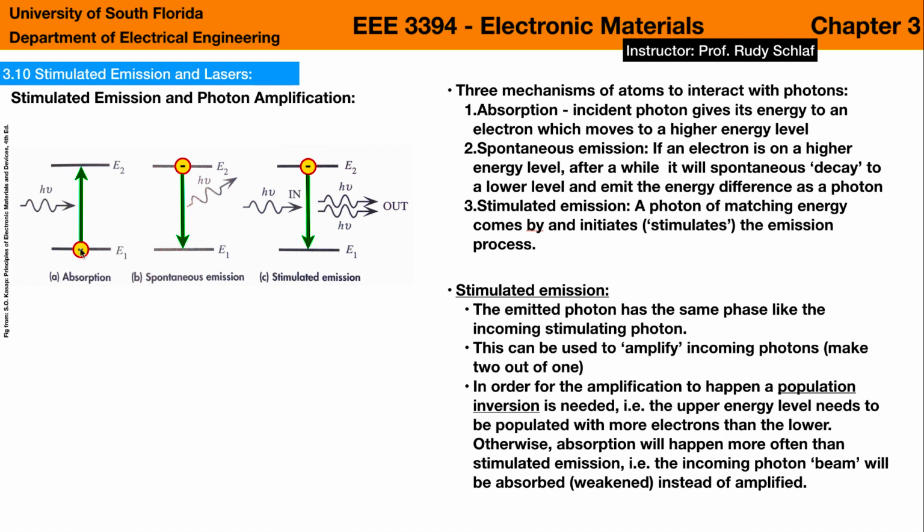The photon comes in, the electron absorbs the energy and goes on a higher energy level. This can only happen if that incoming photon has exactly an energy h times nu that matches the difference between E2 and E1. Otherwise it would not be absorbed and just go through the atom.